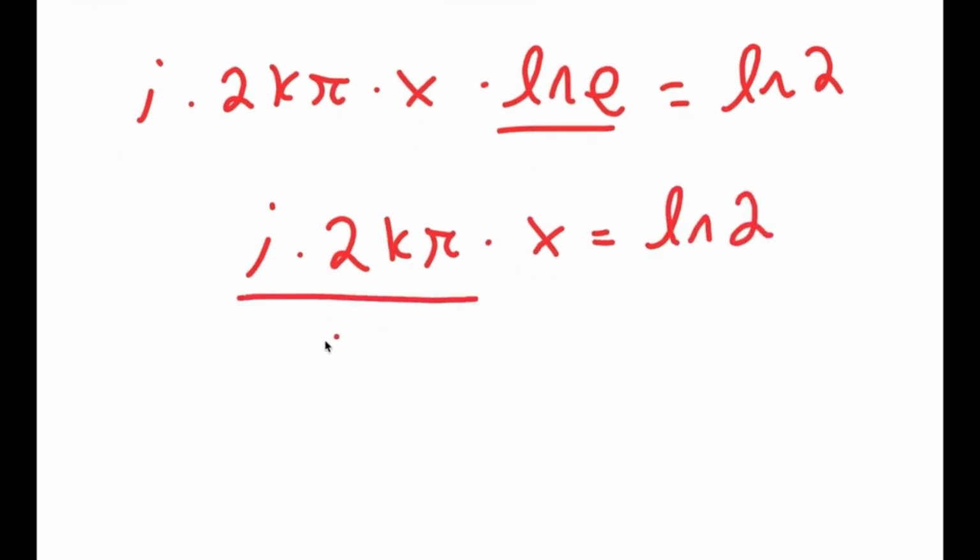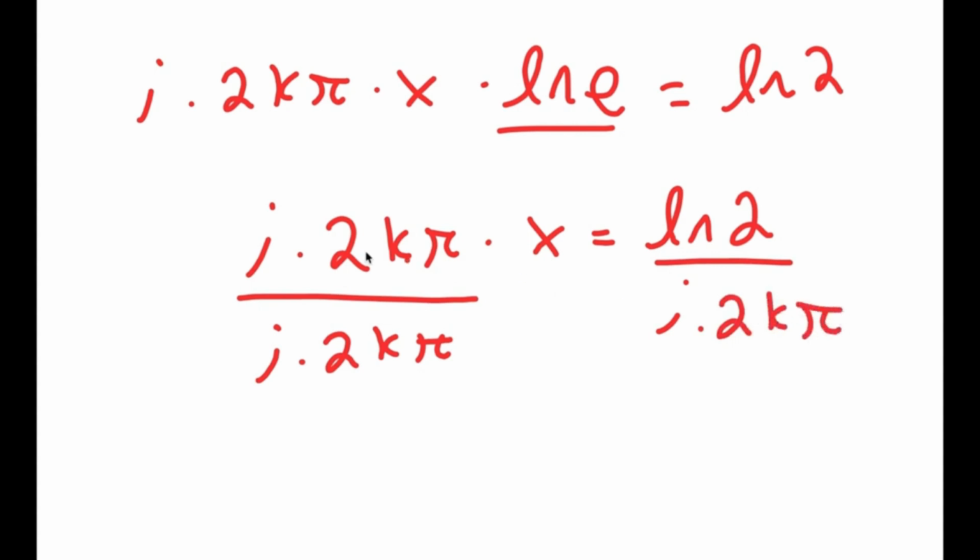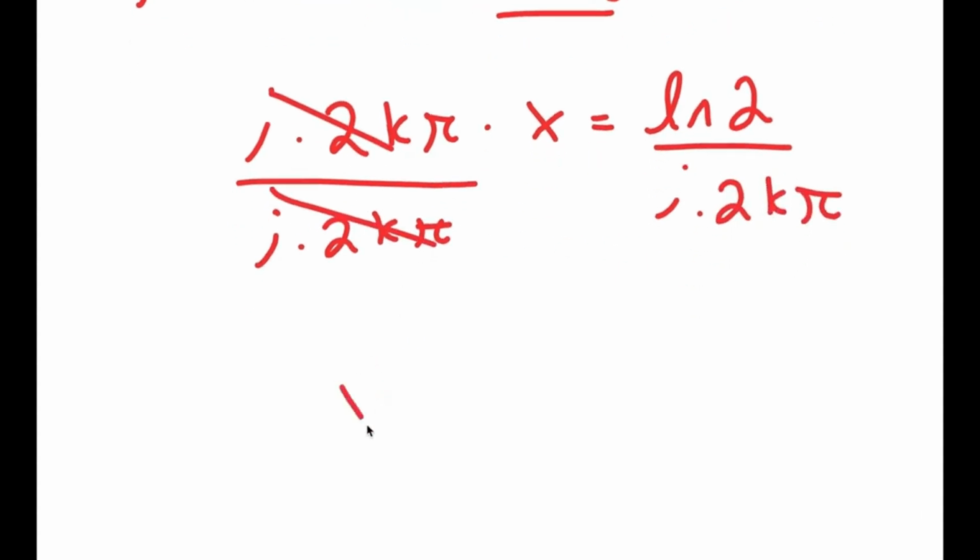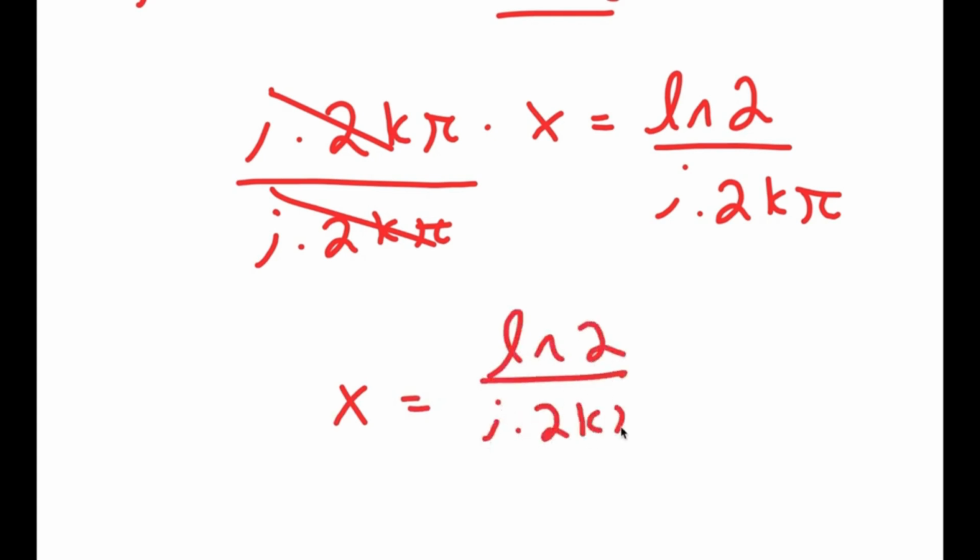Now if I divide both sides by i times 2k pi, these two cancel out, and I get x is equal to ln 2 over i times 2k pi.